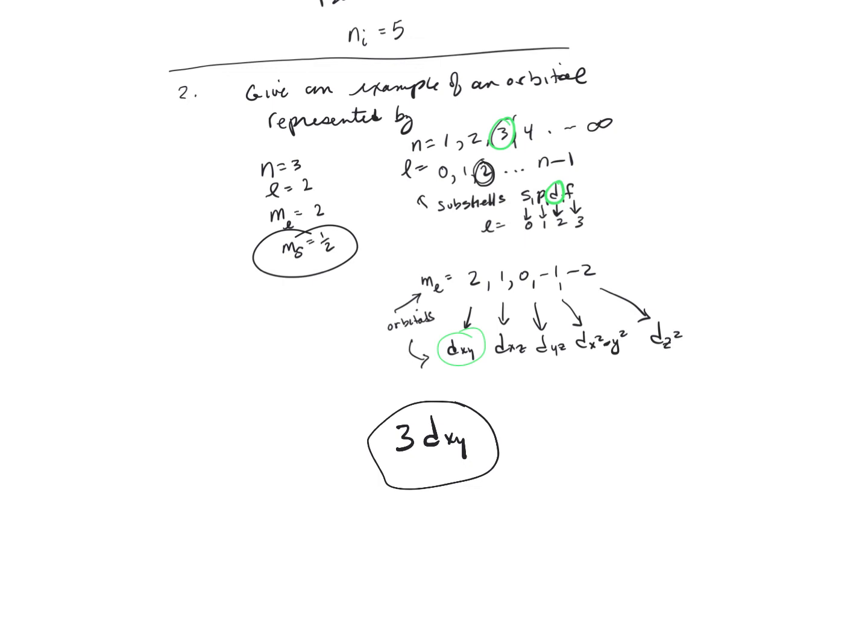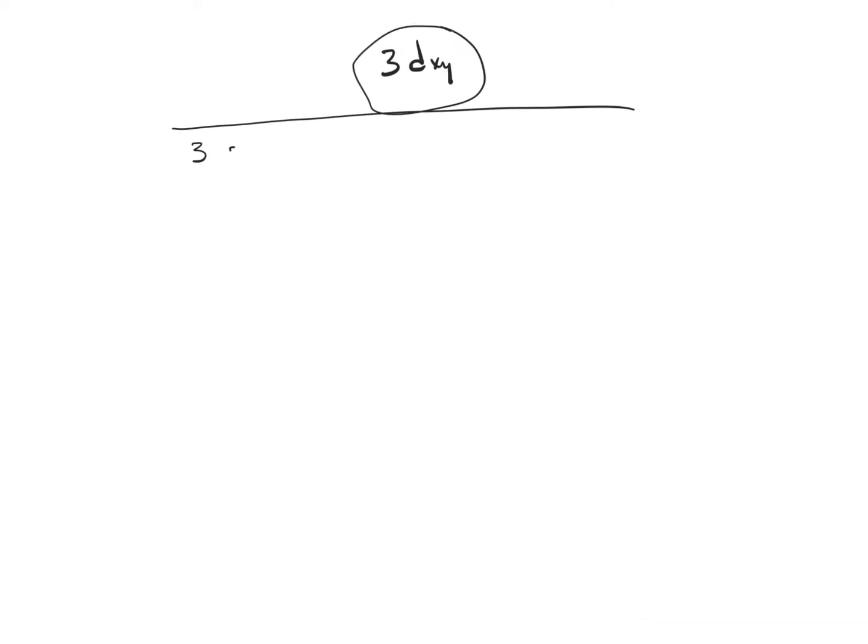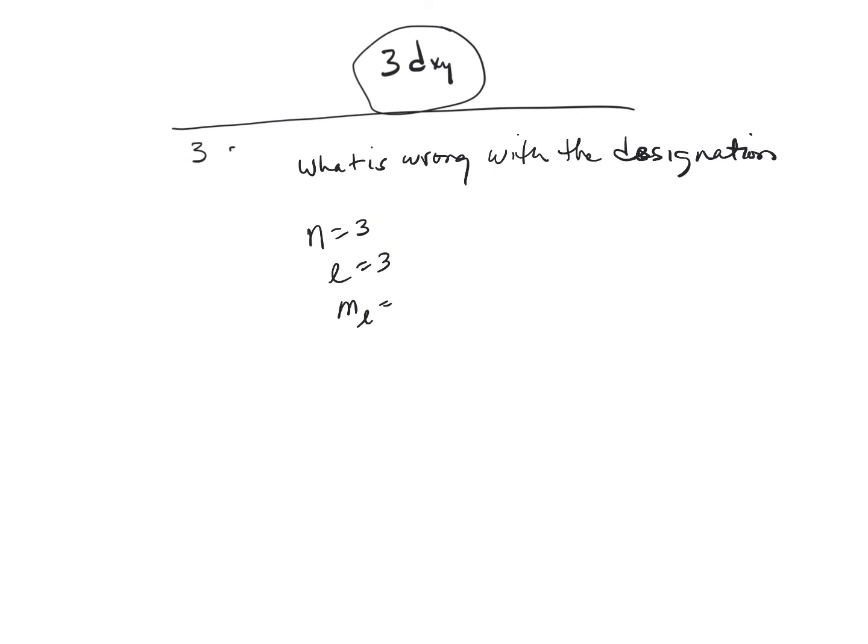All right, and then number 3, a little bit more on the quantum numbers. So here, what is wrong with the designation? For an orbital, n equals 3, L equals 3, M subscript L, 2, M sub L, and M sub S would be a half.